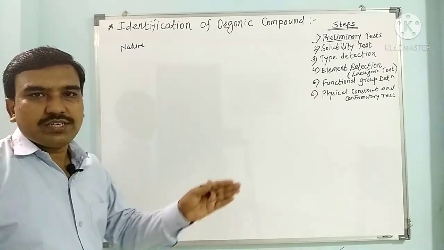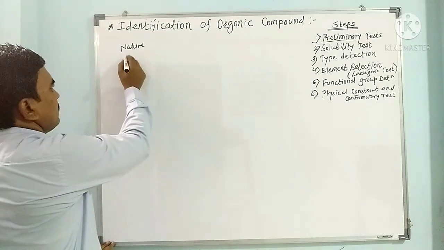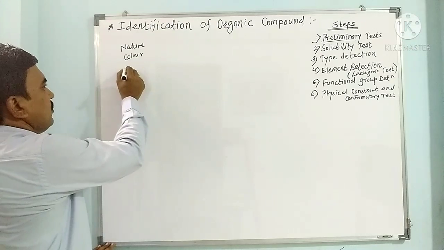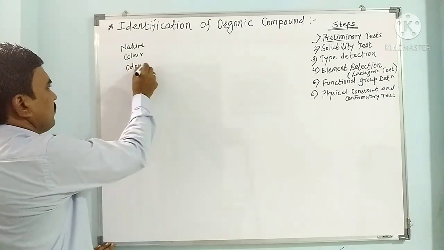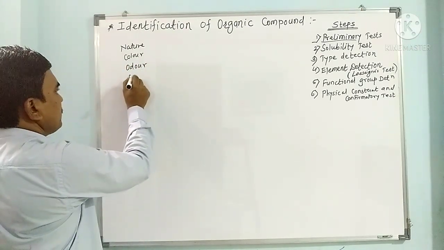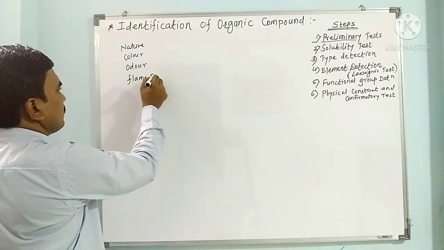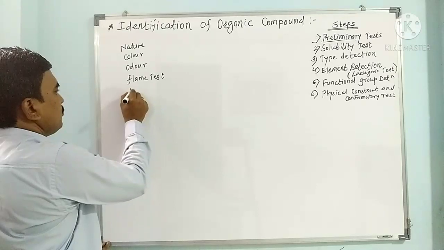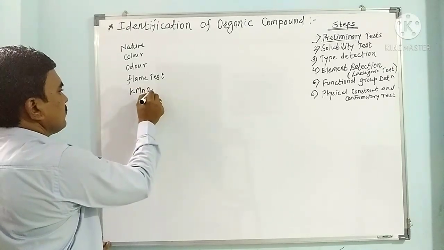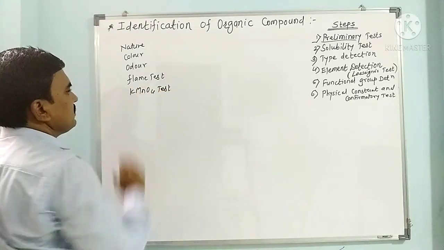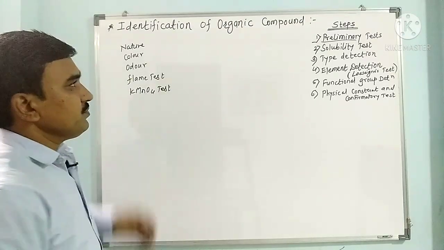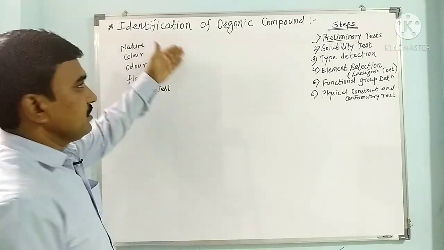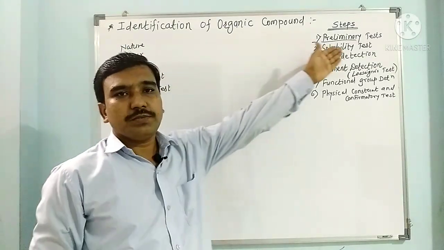Nature means whether it is solid or liquid, then color, then odor, next flame test, next chromophore test, that is unsaturation test. So these are some important preliminary tests we can perform during the identification.